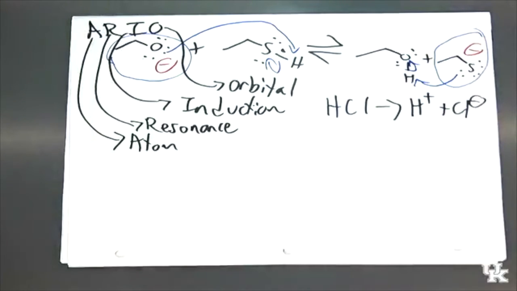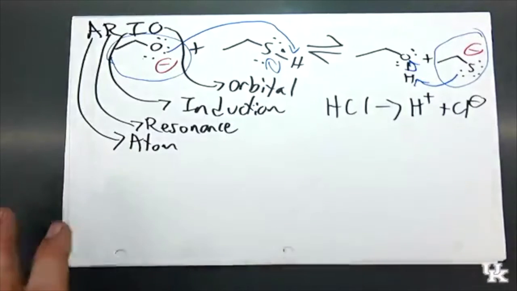So finding the most stable conjugate base tells you where the strongest acid is. And that tells you which side is favored. So if you find the most stable conjugate base, you know which side the reaction happened on.